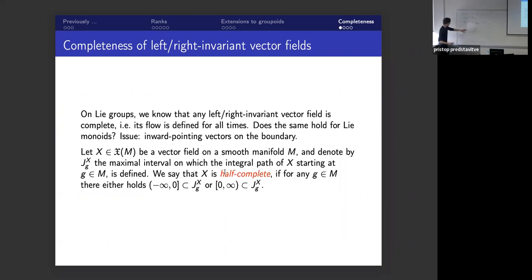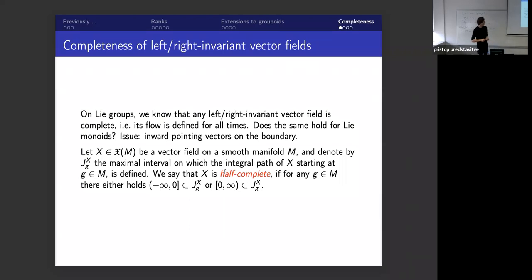So this has to be a section of the kernel of dp. Otherwise, there's no hope that we can make sense of this. So this is the definition of a left invariant vector field on a Lie category.